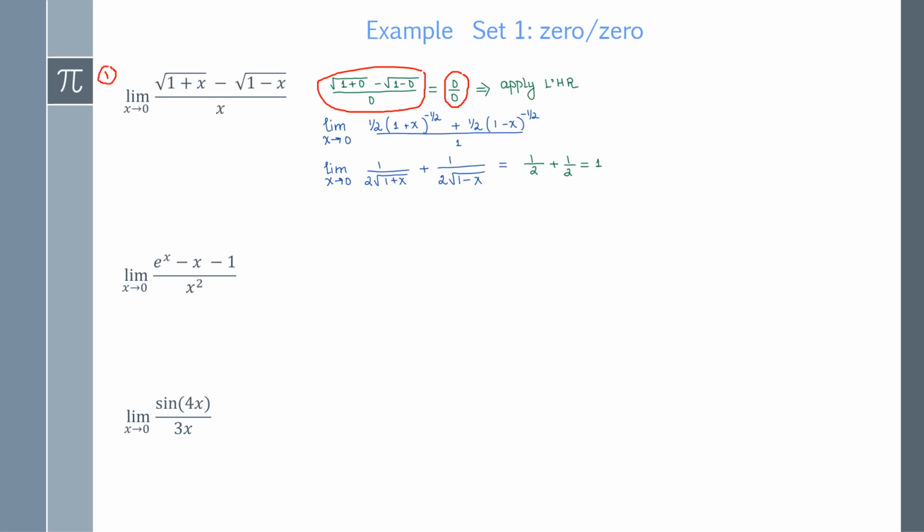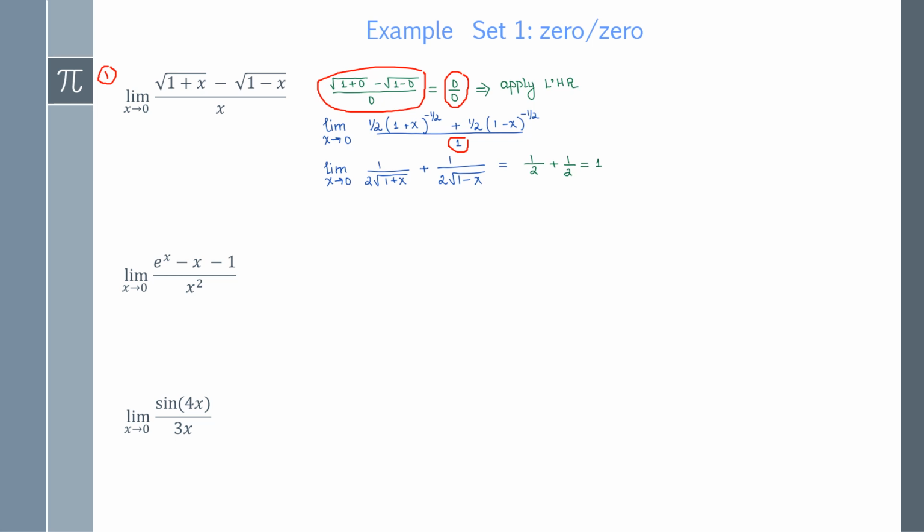The derivative of x is 1, so that's easy. And then the derivative of the numerator is 1/2 times (1 plus x) raised to the negative 1/2 plus 1/2 times (1 minus x) raised to the negative 1/2. Now that we have learned all the rules and mastered them, I'm going to let you check your work and make sure that you get this result.